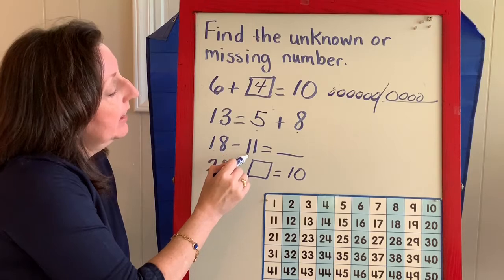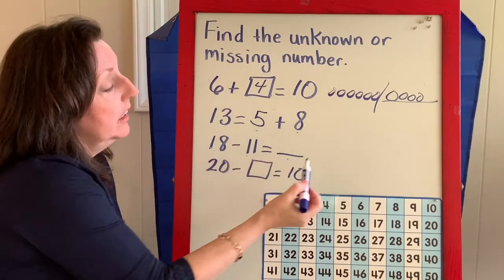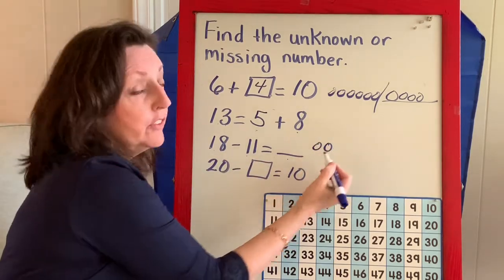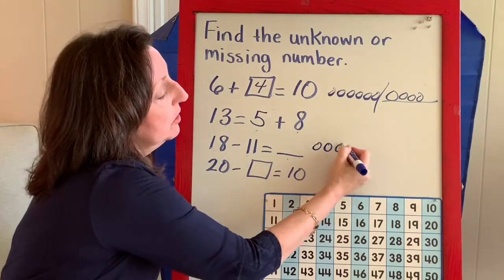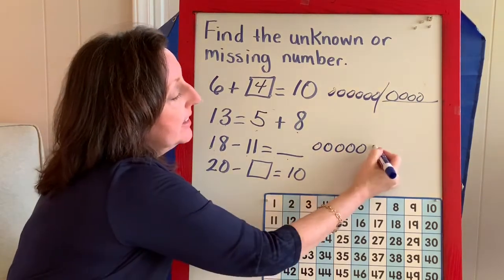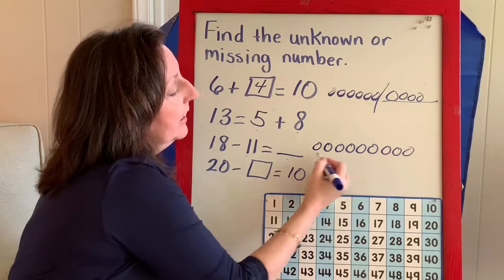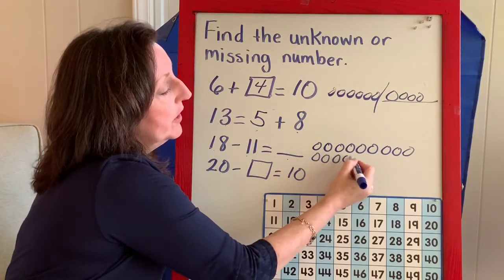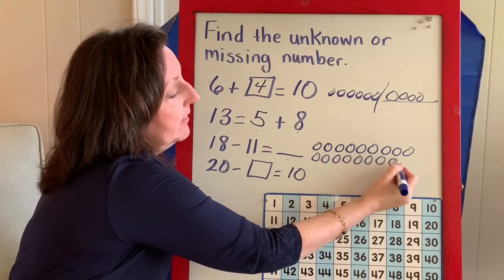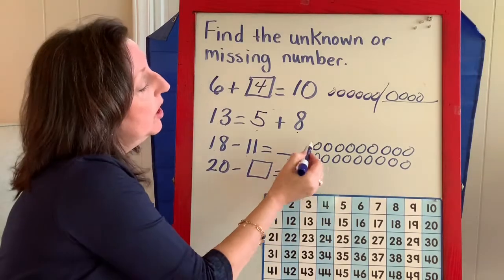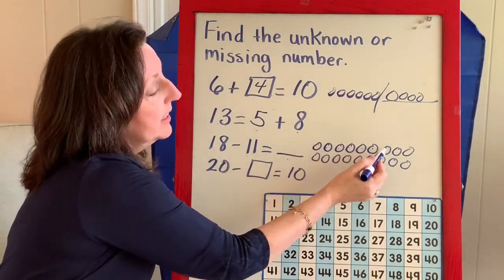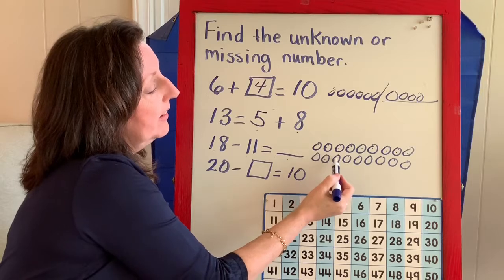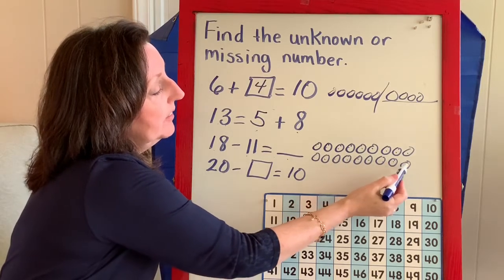18 take away 11 equals blank. Let's draw 18 circles for those of you who like to draw circles. 1, 2, 3, 4, 5, 6, 7, 8, 9, 10, 11, 12, 13, 14, 15, 16, 17, 18. Let me double count. 1, 2, 3, 4, 5, 6, 7, 8, 9, 10, 11, 12, 13, 14, 15, 16, 17, 18.